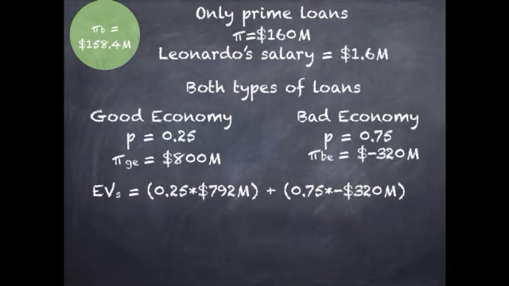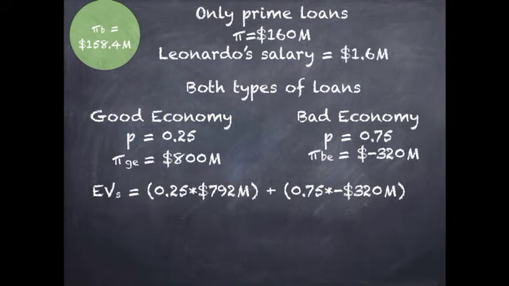The profits are $800 million, but the bank is going to have to give Leonardo 1%, so the bank retains 99% of the profits, or 792 million. Also realize that if we have a bad economy, Leonardo's compensation is equal to 0. Therefore, the entire loss falls upon the shareholders themselves.